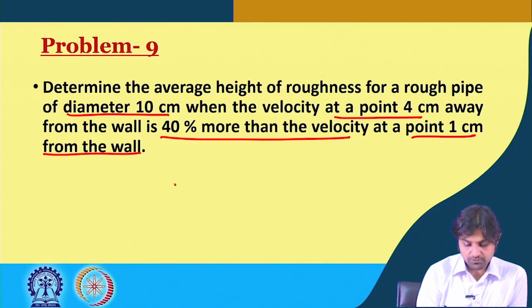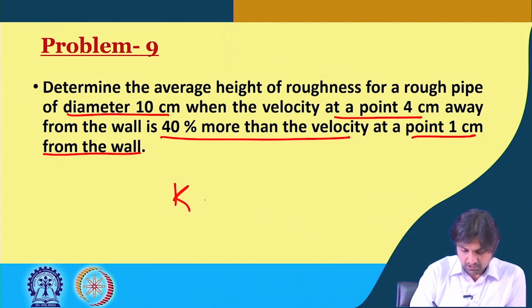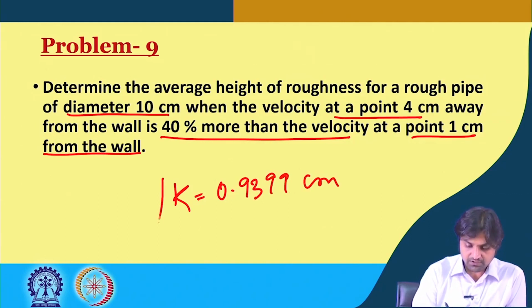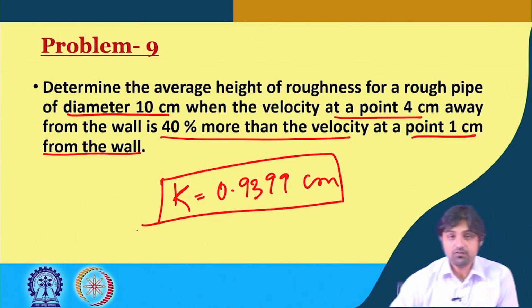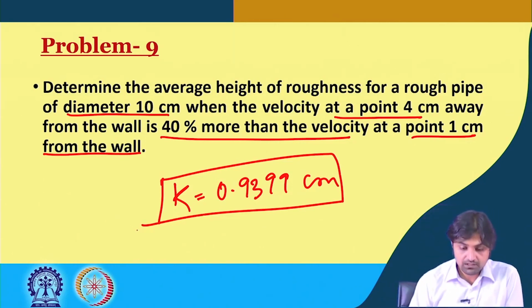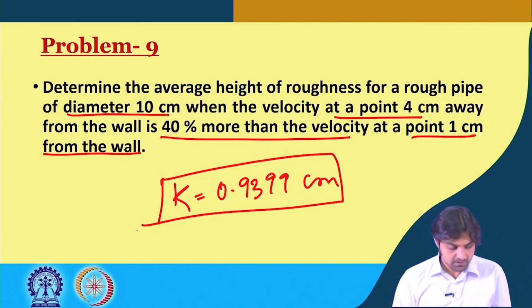So this was what was asked. So k is coming out to be 0.9399 centimeter. This is the answer. And how to solve, we have already done that in the sheet. All right.